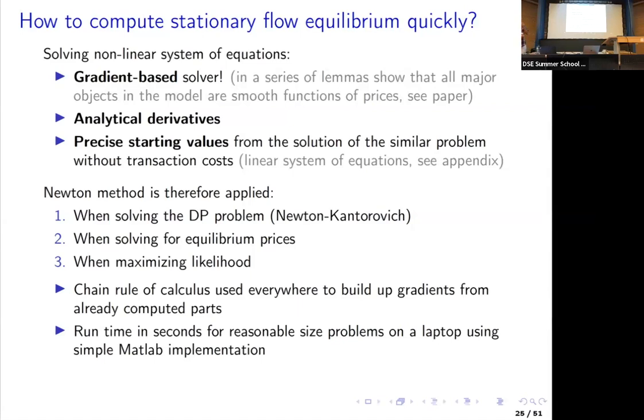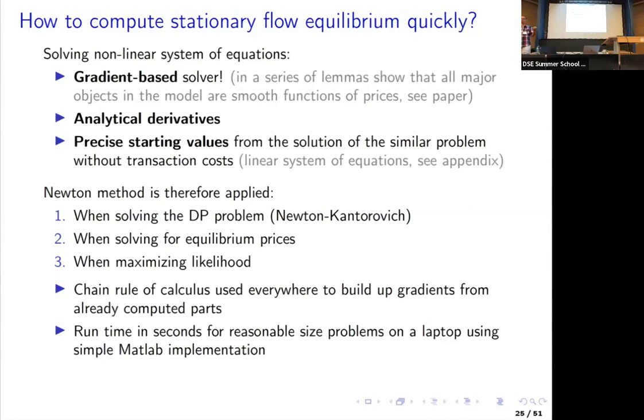All right. The second very important element in making sure that this works fast is very good starting values. Newton in general is not globally convergent, and therefore you want to start really close to the solution to make it very fast. It turns out that in our setting, if we kill all of the transaction costs, the problem has a very simple solution. It's basically a linear system of equations.